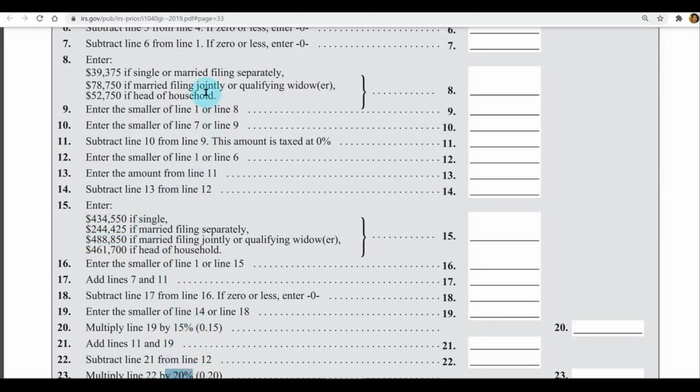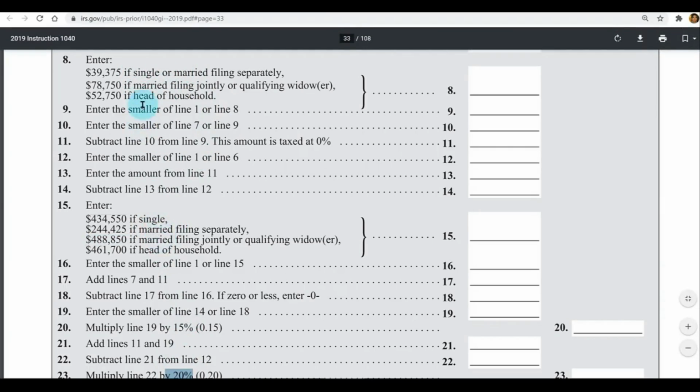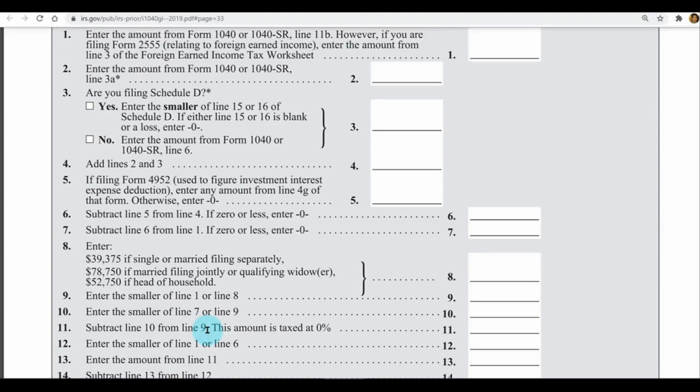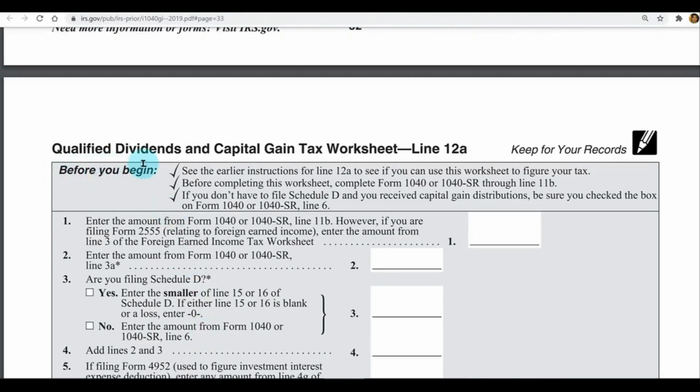Now, based upon your filing status here and here, and you see the difference in the amounts that range, for most people, their qualified dividend gets taxed at 15%. And again, the rest of the income is taxed using the tax table or tax rate schedule. Again, it's being calculated here on this worksheet. Here it says you keep it for your records. You don't turn it in with your tax return.